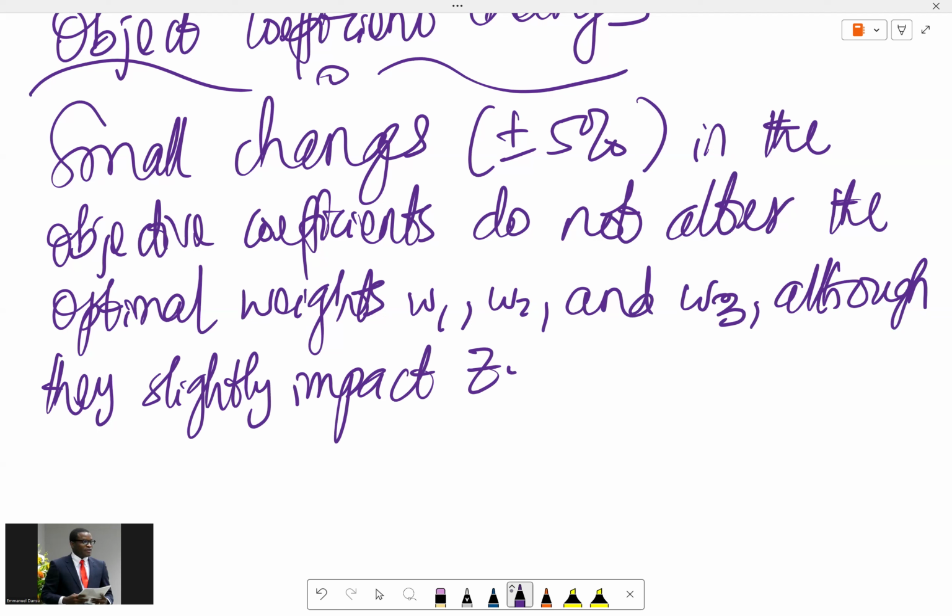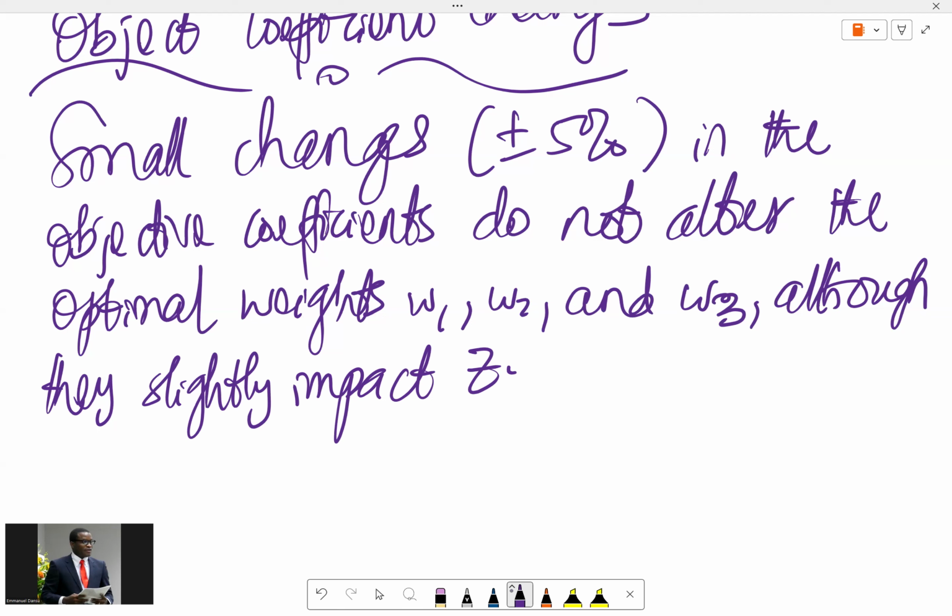Just like I said earlier, it doesn't have to be just plus or minus 5%. You could increase the first return by 5%, the second by 2%, the third by 3%, whatever. You can have a mix of all of these things. Maybe the first asset per unit increases 5% in return, the other one reduces 2%, and the third one increases 15%. Whatever your specific situation is, just apply it.